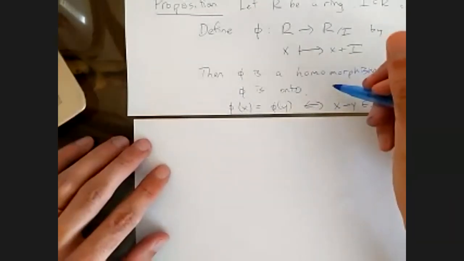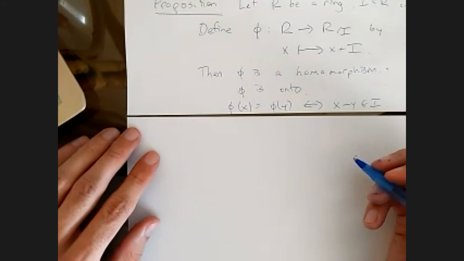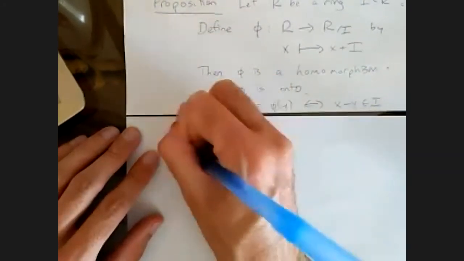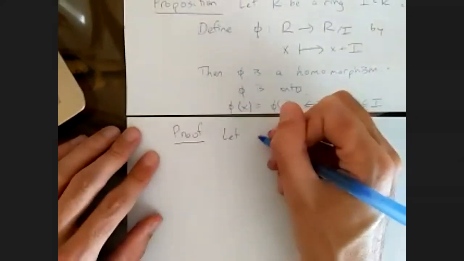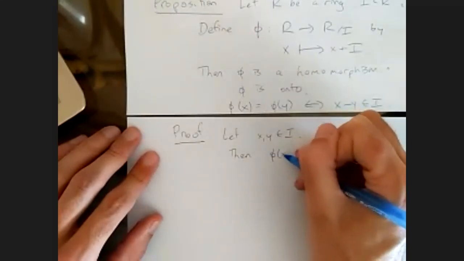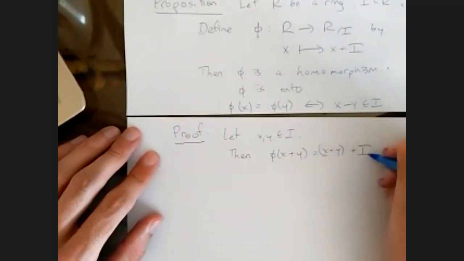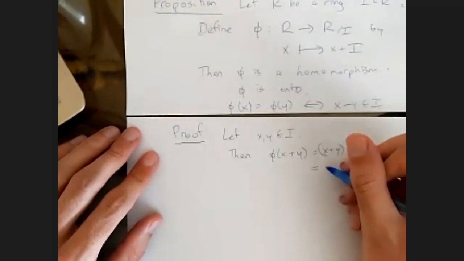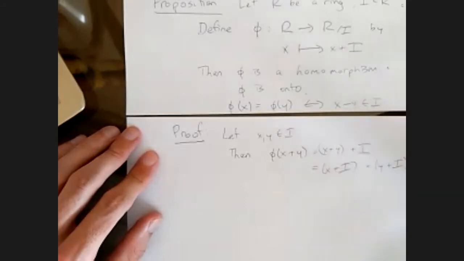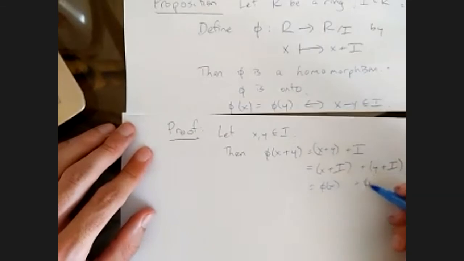And I'll just leave these two properties; you can check them if you want. Let x, y be in I, and phi of x plus y, that's just the coset of x plus y, and the definition of addition in the cosets says that you just add the coset of x plus the coset of y. And again, this is just phi of x plus phi of y.